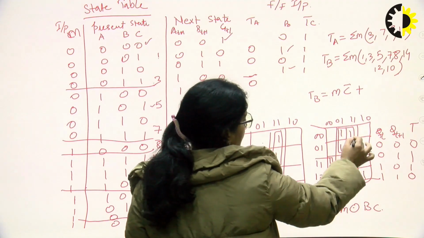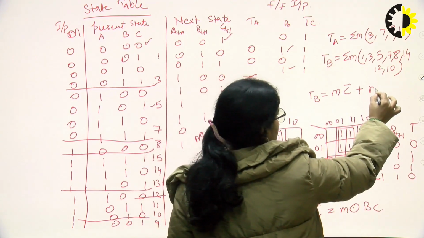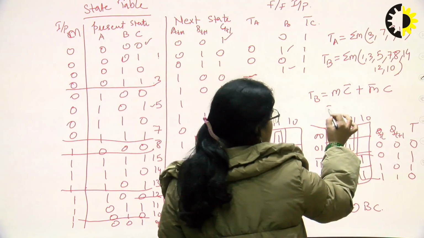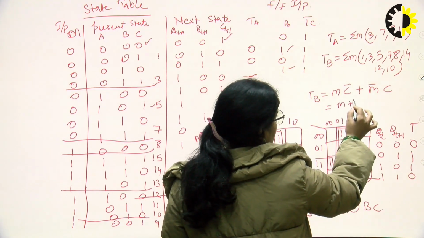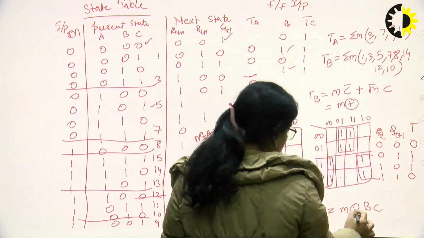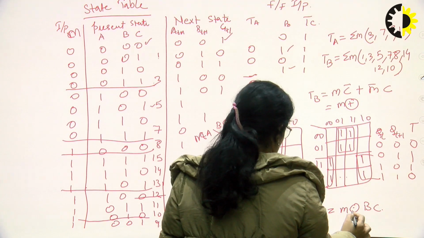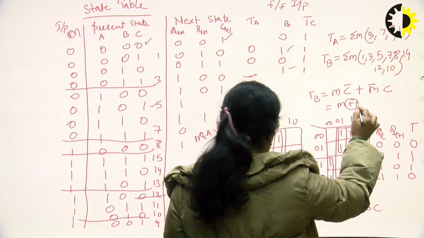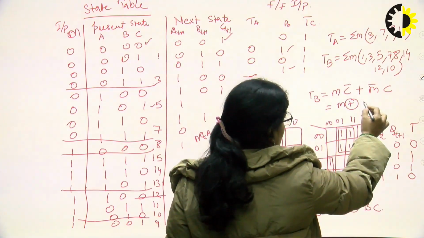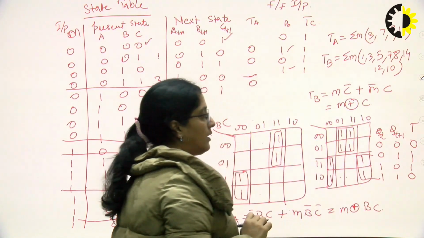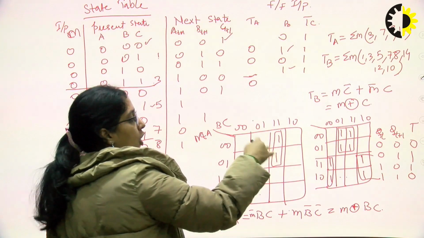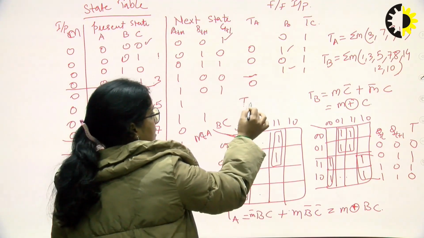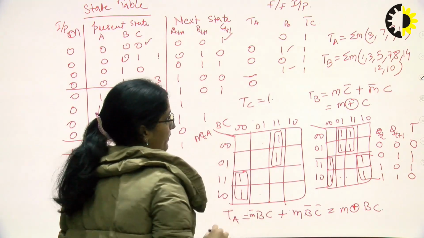And in this case, M bar C. So you can say that this is nothing but M XOR with C. And in case of TC, all ones. So we can say for TC, the equation will be 1.